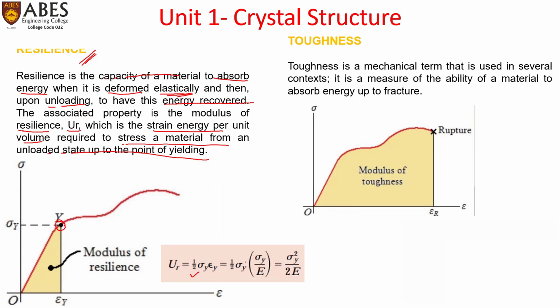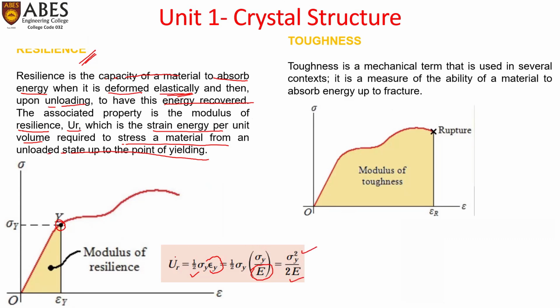So UR would be given by half into base into altitude, half into stress sigma Y, the yield stress, and strain yield, equals half sigma Y upon E, because yield strain can be referred to as yield stress upon the modulus of elasticity, or Young's modulus. So the relation becomes sigma square Y upon 2E.